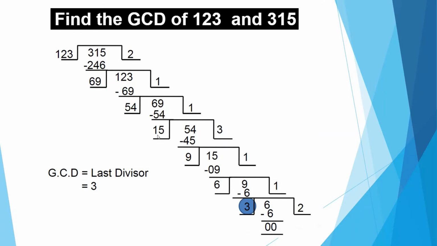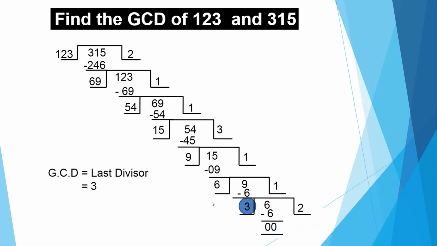When we divide again, the remainder becomes the divisor and the previous divisor becomes the dividend. Moving further, we subtract and get a remainder 9, and the previous divisor becomes the new dividend.